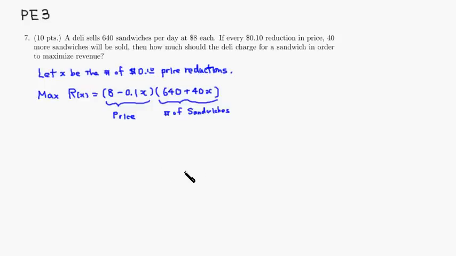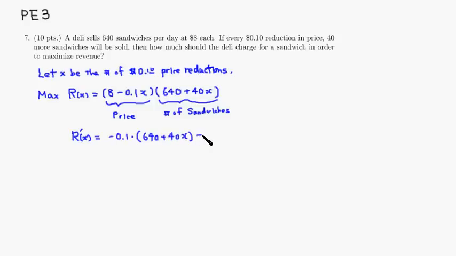So let's take the derivative to find the critical number. R prime of x is equal to, so two things multiplied together, I'm going to use the product rule. Derivative of the first: derivative of 8 is 0, and the derivative of negative 0.1x is negative 0.1, times the second, 640 plus 40x.